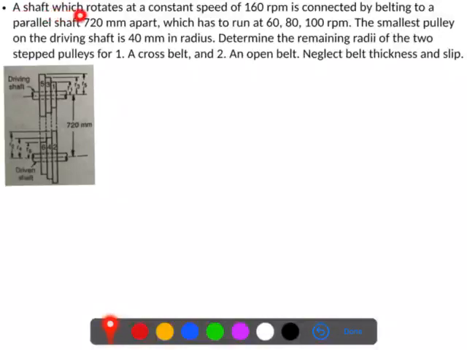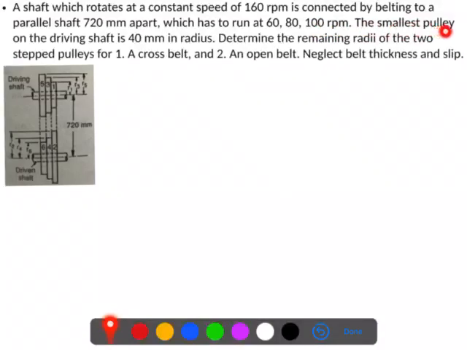A shaft which rotates at a constant speed of 160 rpm is connected by belting to a parallel shaft 720 mm apart, which has to run at 60, 80, 100 rpm.